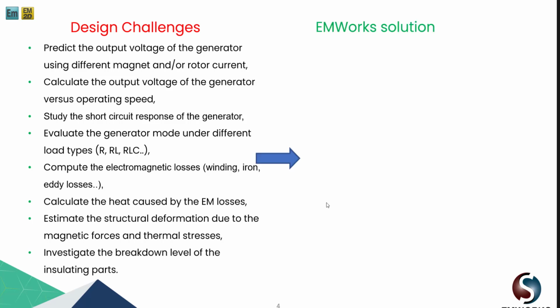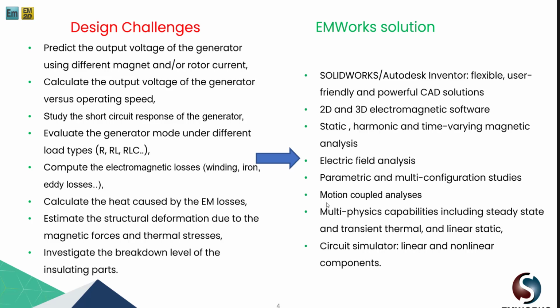What we propose to you is to use EMWorks solutions. They are fully integrated in the most popular CAD, namely SolidWorks and Autodesk Inventor. You can do both 2D and 3D, meaning radial and axial flux. You can do static, harmonic, and time varying, electric field analysis, and parametric and multi-configurations in SolidWorks, or parametric right in the EMS and EMS2D solution.